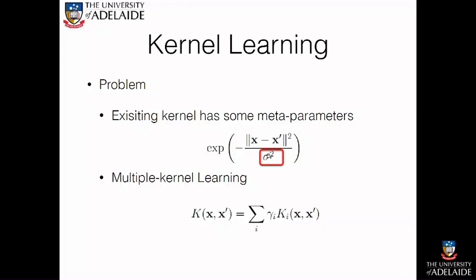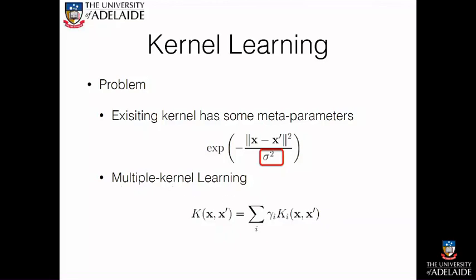So this is very important. But there's no principled way to determine this hyperparameter. The best way is still using cross-validation, as we talked about from the very beginning of this course, right? Cross-validation. So then, about 10 years ago, people developed what is called multiple kernel learning.